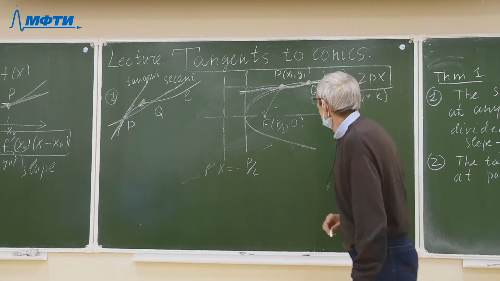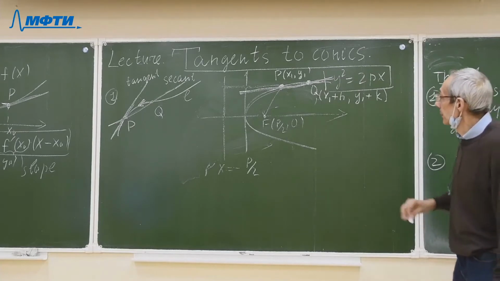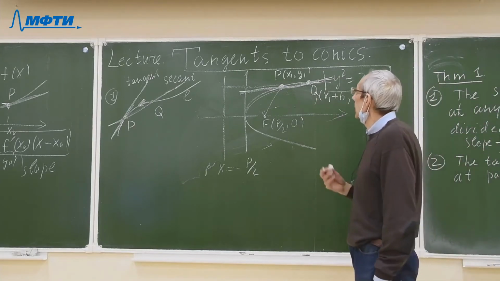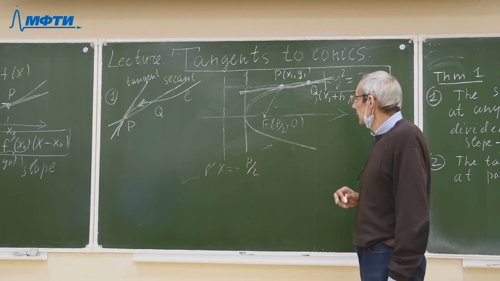The tangent straight line is the limiting position of the secant PQ when Q tends to P.